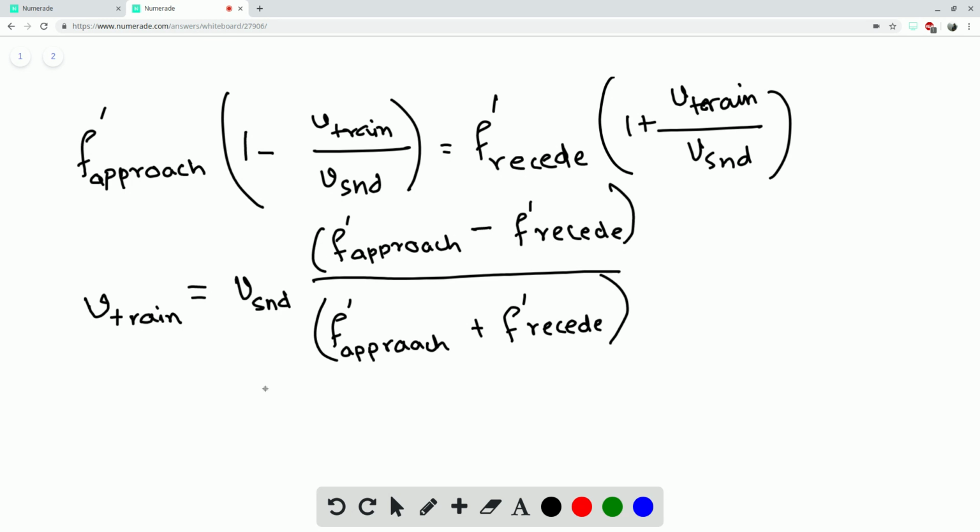So now we know all the numbers, so we can plug that in and see what the velocity of the train is.